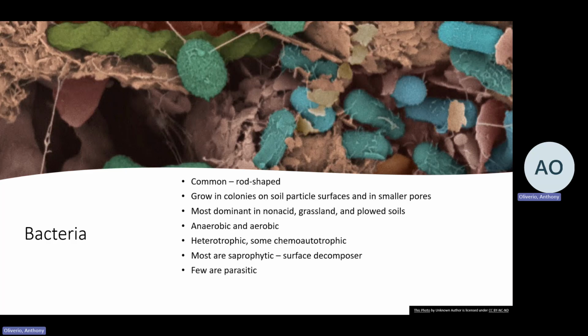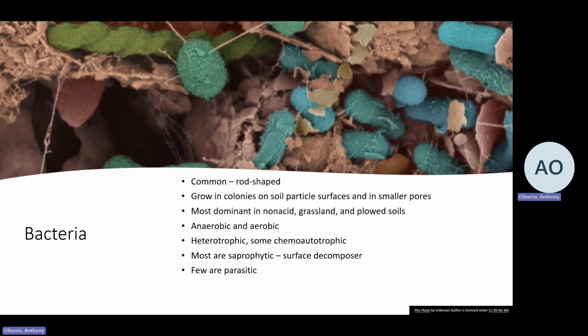104 review. But bacteria, they'll grow in colonies, and those colonies can actually glue soil particles together, helps create aggregates, and they will also kind of clog up smaller pores, but they are more beneficial than not.